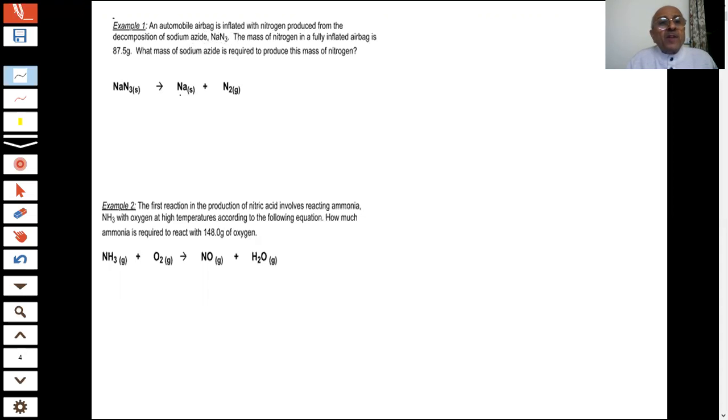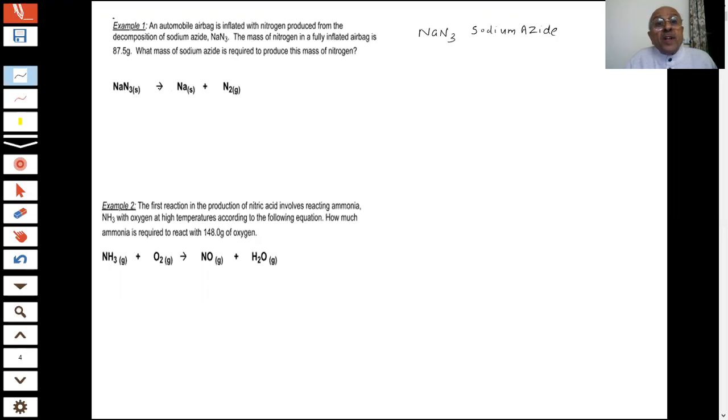First, I am trying to tell you that NaN3 is a compound which is called sodium azide. You have seen, I have mentioned solid here.